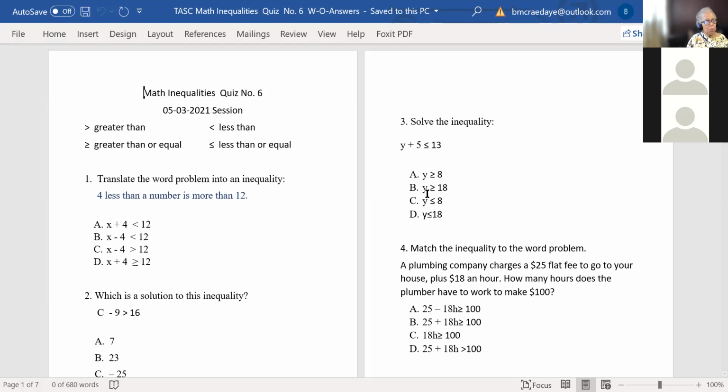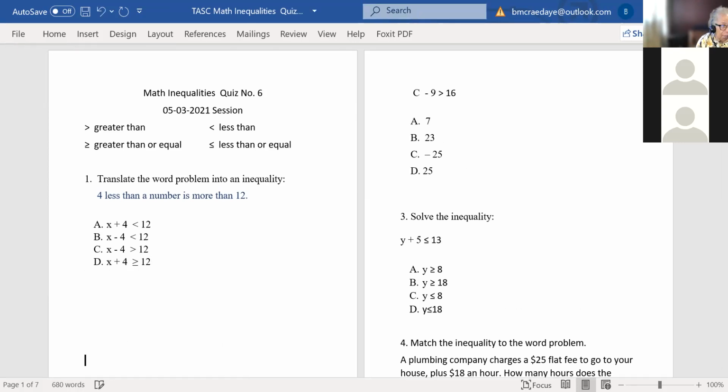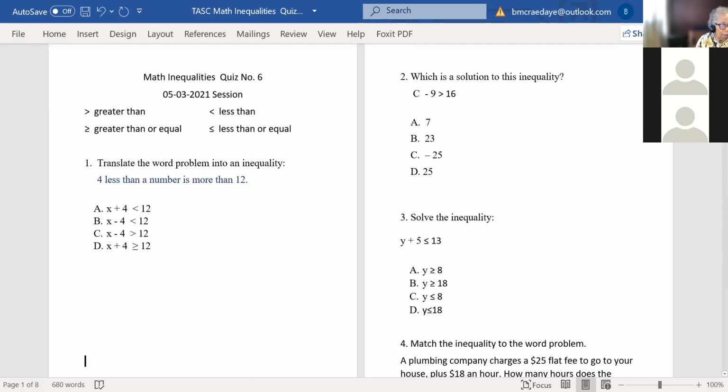So, Vanessa, did you get a chance to look at number 6? I looked, but I didn't do any. Okay, well, we'll just do them now because I think you can do them. Let's start with number 1: 4 less than a number is more than 12. Vanessa, how would you translate the word problem into an inequality?